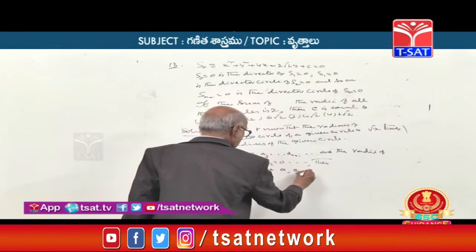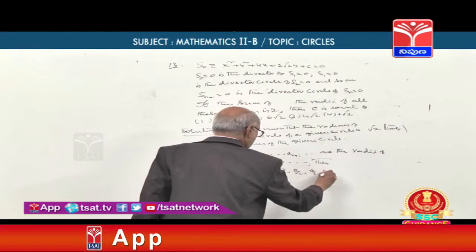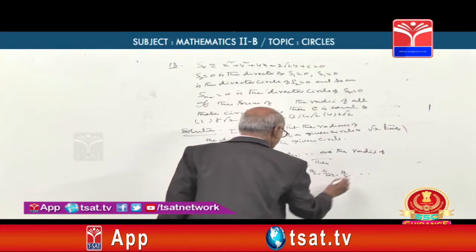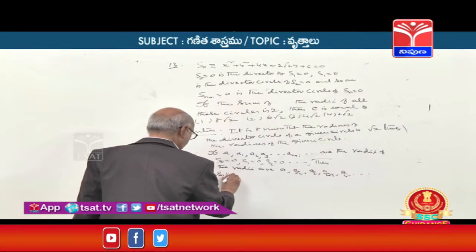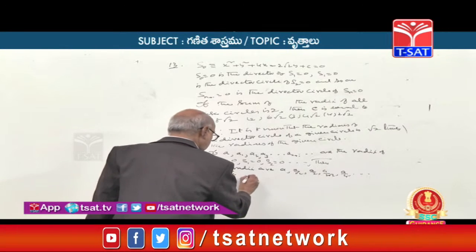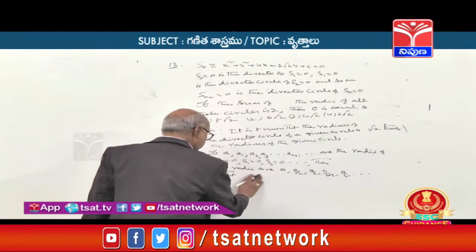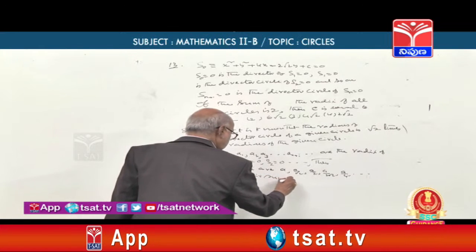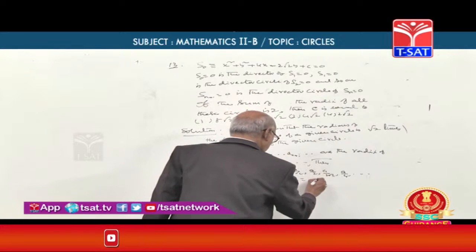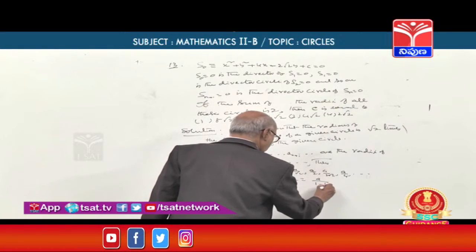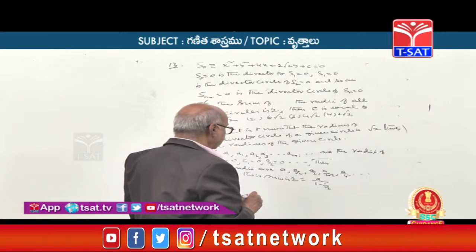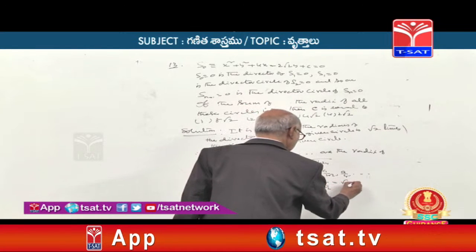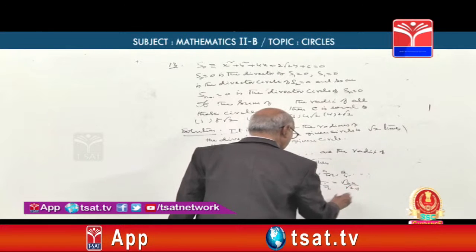So, therefore, the radii are A by root 2, A by 2, A by 2 root 2, and A by 4, etc., so that their sum is 2, equal to A by (1 minus 1 by root 2), which is root 2A by (root 2 minus 1).